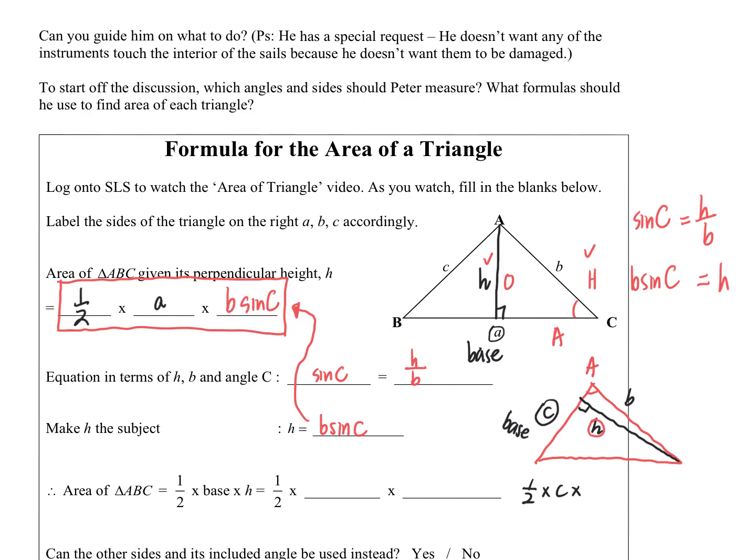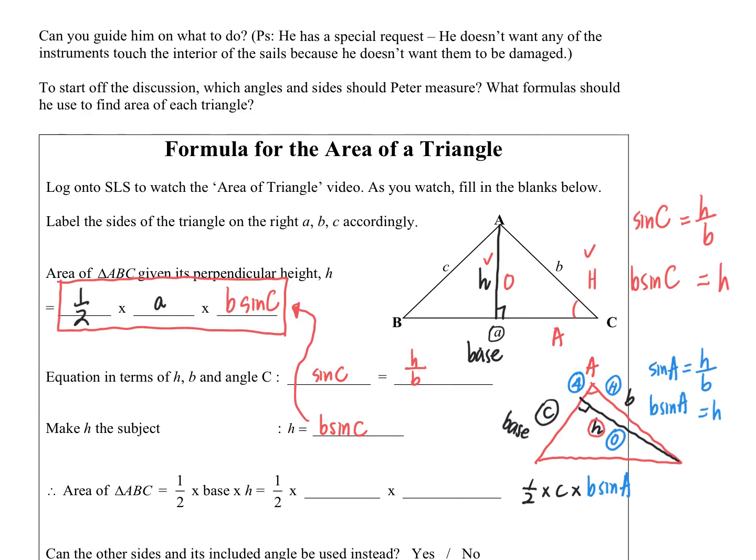Using my H, A, and O formula, sine of angle A is H over B, so H will be B sine A. No matter which side I choose, if I choose the other two sides B and C, then the angle for the sine is A. So I can use any of the three sides.